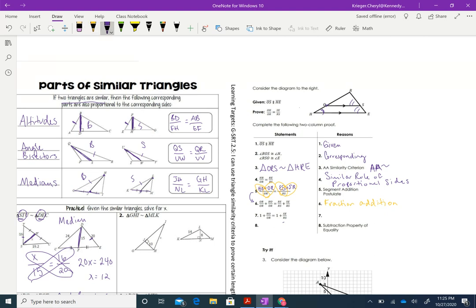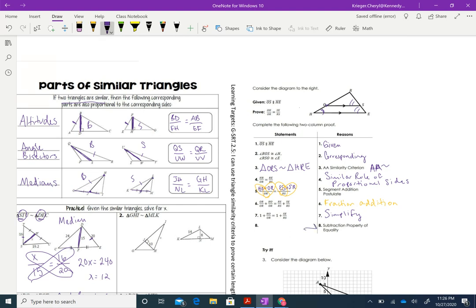Okay, and then from 6 to 7, OR over OR, anything divided by itself is 1. RS divided by RS is 1. So they really just simplified. Then the rest is pretty easy.